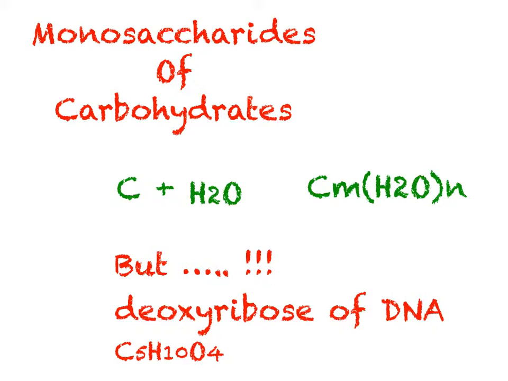M and N are the number of atoms: M is the number of carbon atoms, and N is the number of H2O molecules. However, there are certain sugars which do not comply with the Cm(H2O)n formula, and those are deoxyribose of DNA or ribose of RNA.